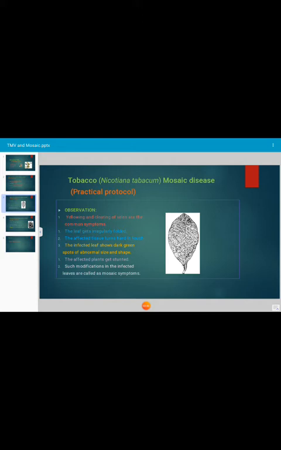The leaf is the main product which is sold as tobacco in the market. When the leaf is infected, such leaves are unfit for consumption, or their value is reduced, and the value of the tobacco is reduced in the market.